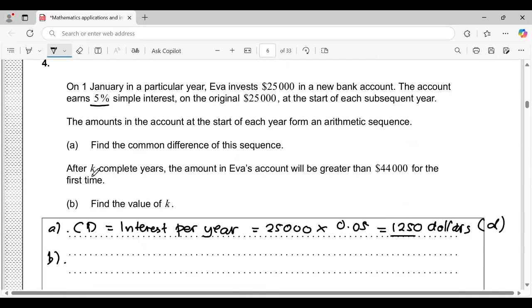Part B. After K complete years, the amount in Eva's account will be greater than $44,000 for the first time.